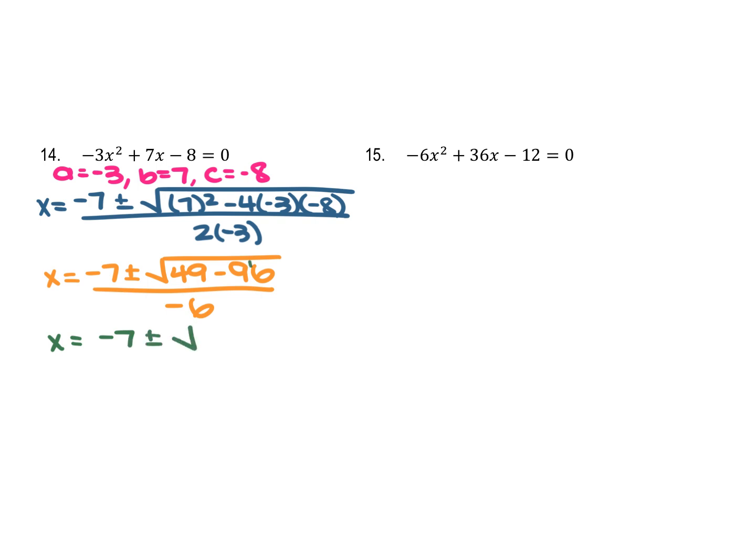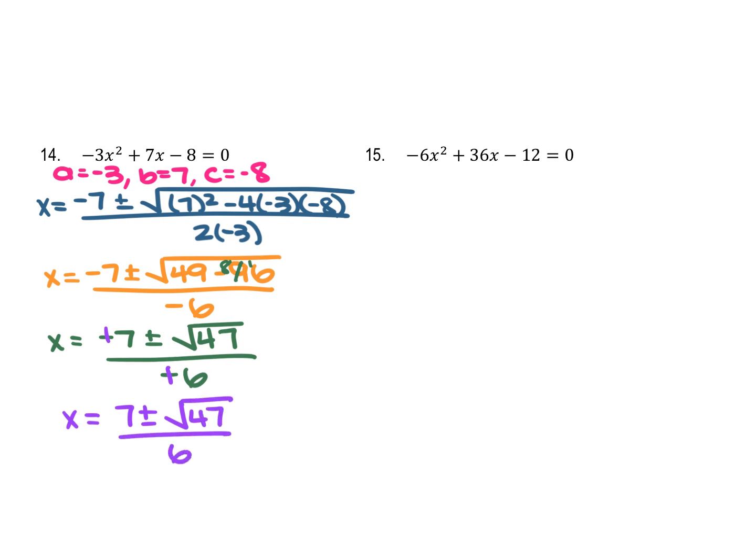Your 6 turns into 16, 9 would turn into 8. So 16 minus 9 is 7. 8 minus 4 is 4. And this is all over negative 6. You have a negative on that 7 and that 6, so they become positive. And you're just left with x is equal to 7 plus or minus the square root of 47 all over 6.